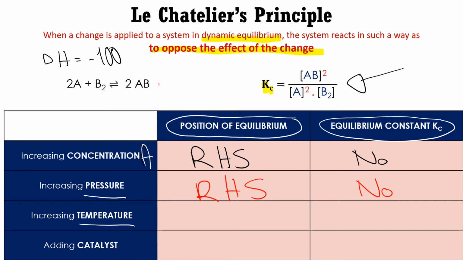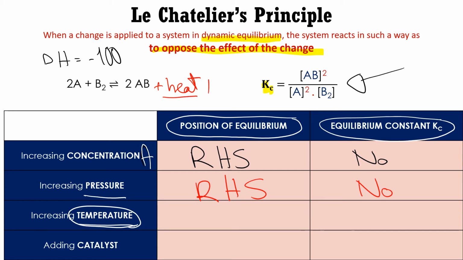What does exothermic reaction mean? We have heat as a product. So when they ask what will happen to the position of equilibrium or equilibrium constant when you increase temperature, you have to check whether the reaction is exothermic or endothermic. If it's exothermic, we have heat as a product.